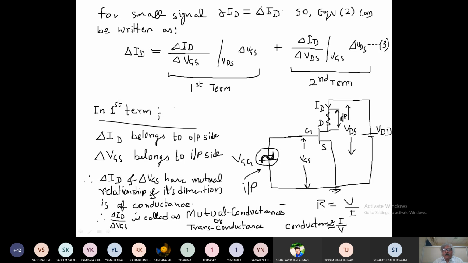So it is called mutual conductance or transconductance, and it is represented by Gm. Now we see the second term.